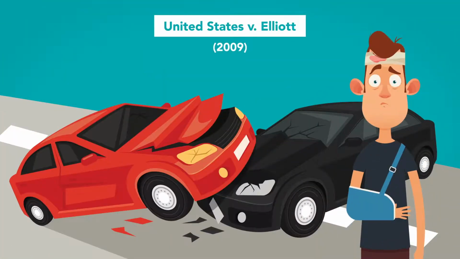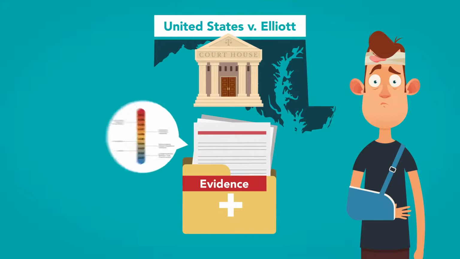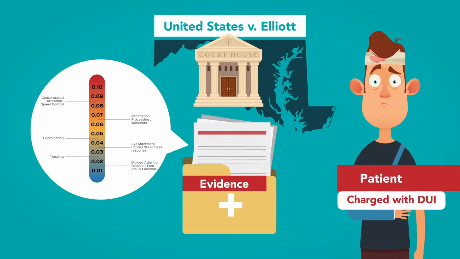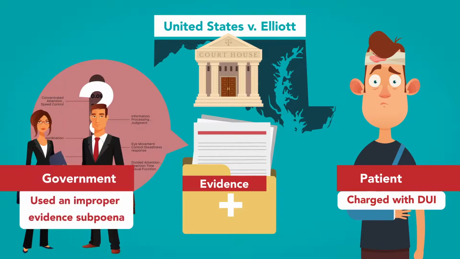In United States v. Elliott, a federal court faced the issue of whether evidence regarding a driver's blood alcohol concentration that was obtained from a hospital for a patient who was charged with driving under the influence could be admitted into the record. The government used an improper subpoena to obtain the driver's medical records and access the driver's blood alcohol concentration at the time of his motor vehicle accident.